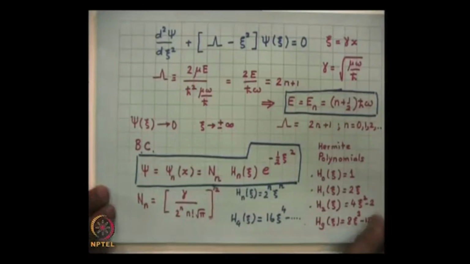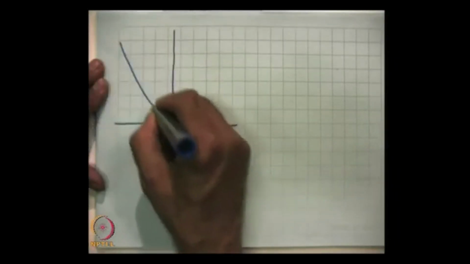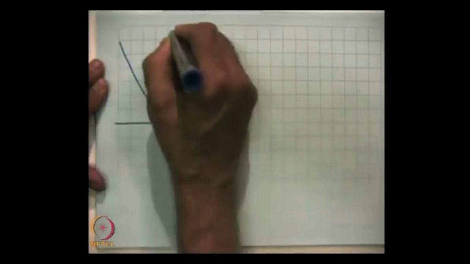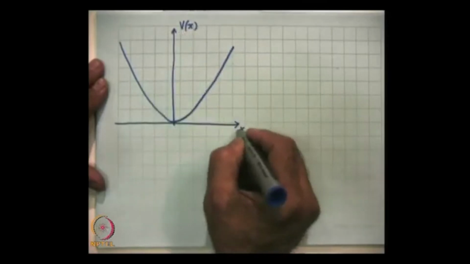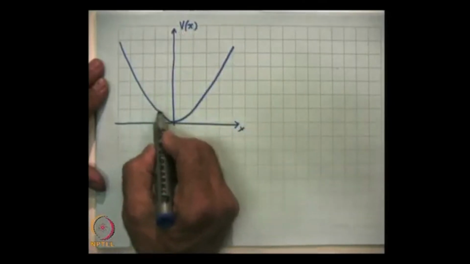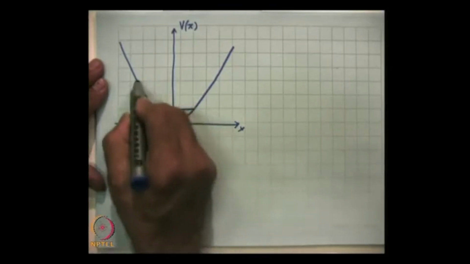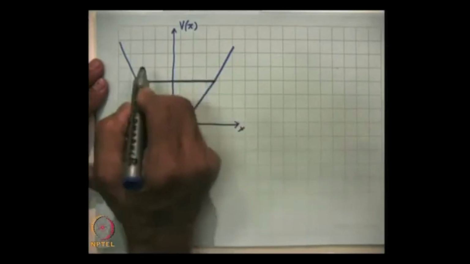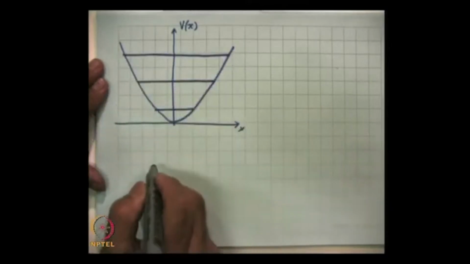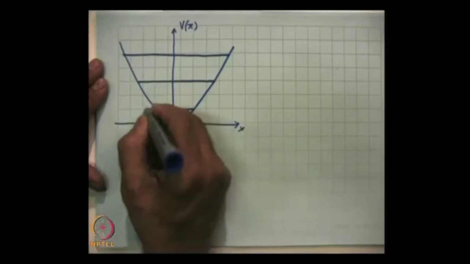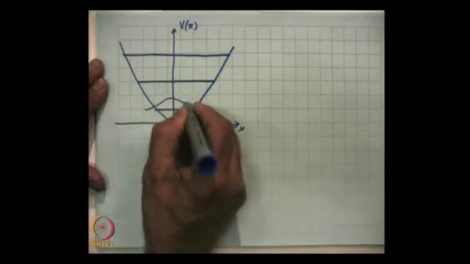So, therefore, if I plot the potential, it will be the parabolic potential. So, this is my V of x and this is x. The discrete energy states are half h cross omega, 3 halves h cross omega, 5 halves h cross omega, and so on. And the first one is just a Gaussian function.